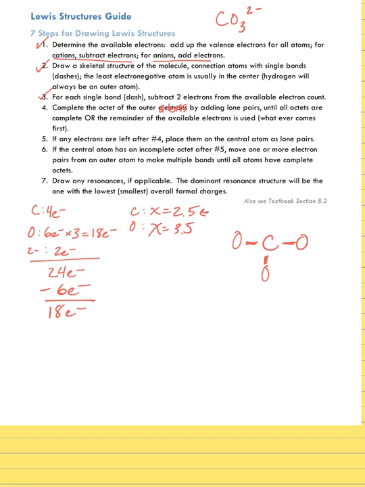So right now, as it's drawn, each oxygen feels like it has 2 electrons. We've put the single bond in, and remember it started with 6 electrons, but we put them in the pot, so essentially it had no valence electrons anyway, and now we've given it a single bond, so it feels like it has 2 electrons. So to complete its octet, we need to add 6 more electrons to it.